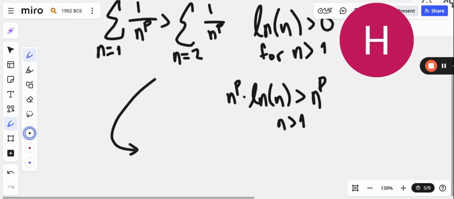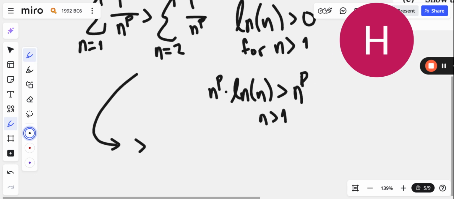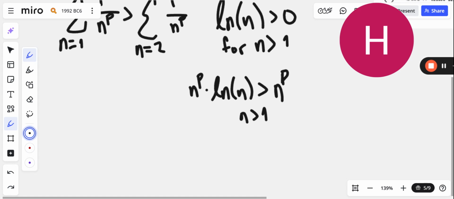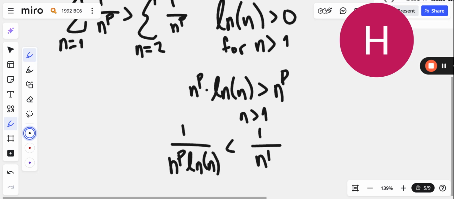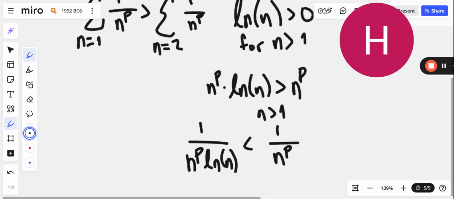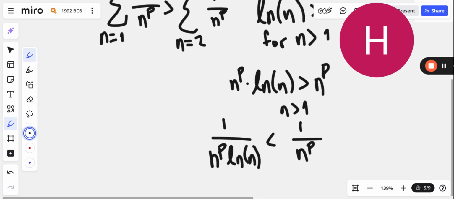Therefore, this series is also, let's do one more logical step. Therefore, 1 over n to the p, ln of n, must be less than 1 over n to the p. Okay, so we've established that all of the terms are now smaller.